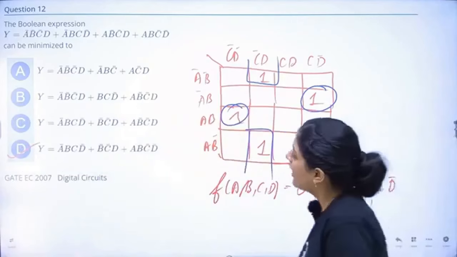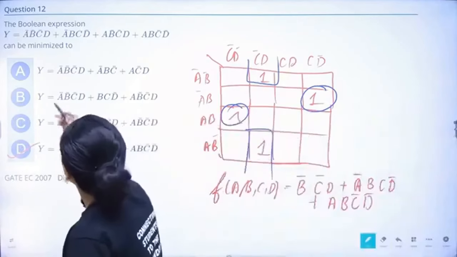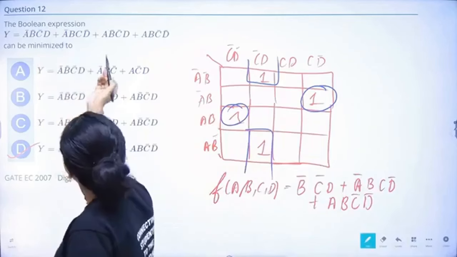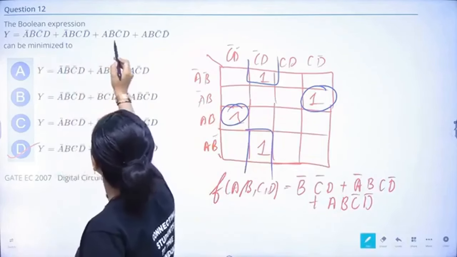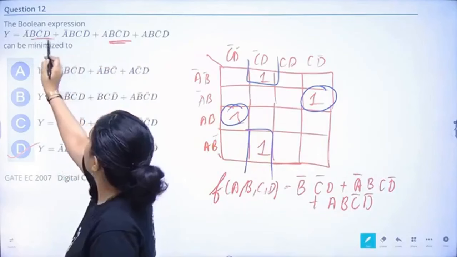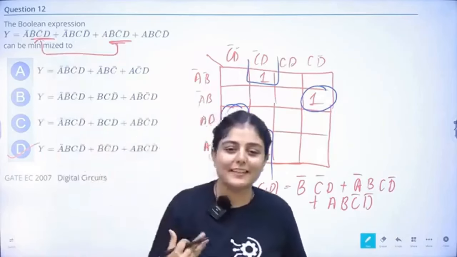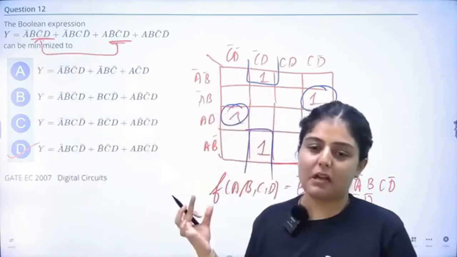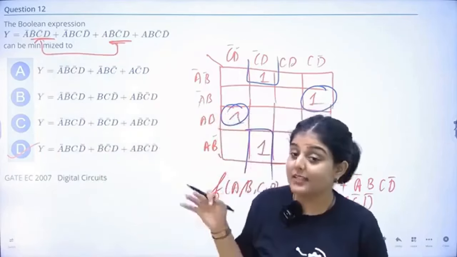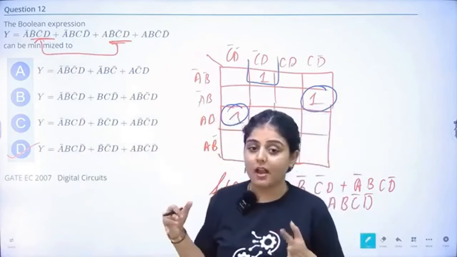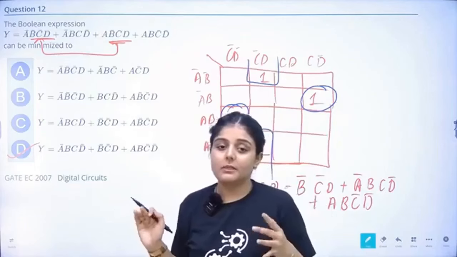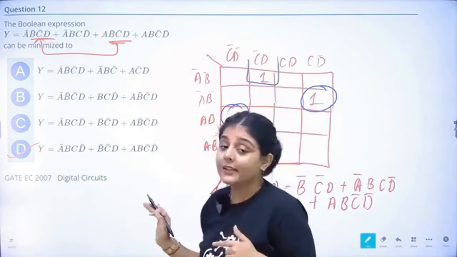Otherwise, you could have done this, but that became easy when solved by the K-map. After solving, you can easily see B bar C bar and D, right?